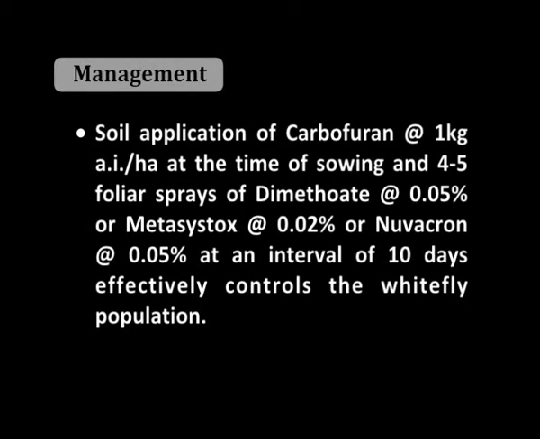Soil application of carbofuran at the rate 1 kg AI per hectare at the time of sowing and 4 to 5 foliar sprays of dimethoate at the rate 0.05% or metasystox at the rate 0.02% or Novacron at the rate 0.05% at an interval of 10 days effectively controls the whitefly population.